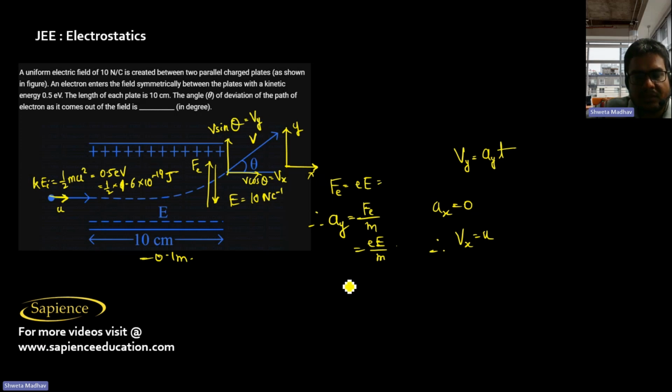And then t, how to find? L equal to v into t. So t will be equal to L by u, where L is the length of each plate. So therefore vy, that is v sine theta, will be equal to Ee by m into t, into L by u.